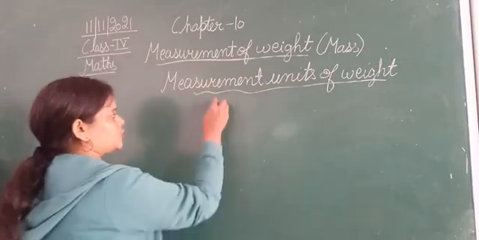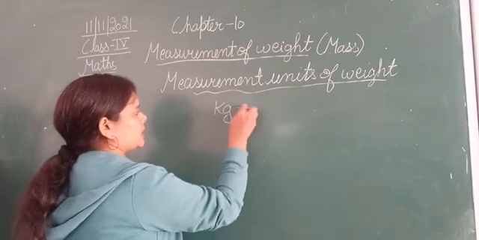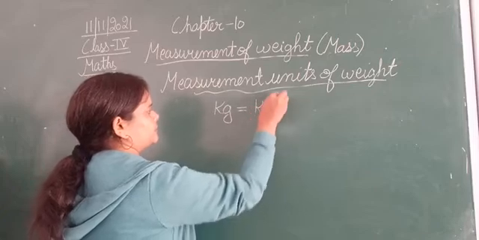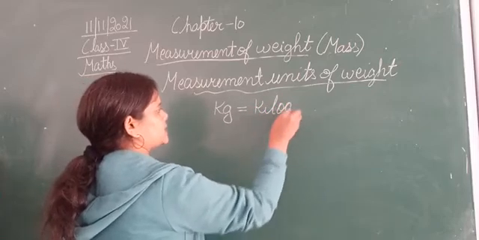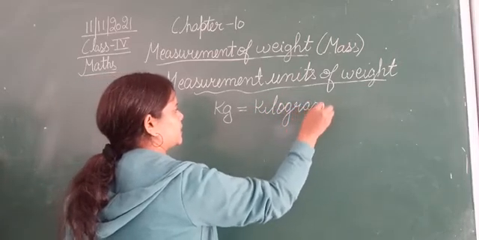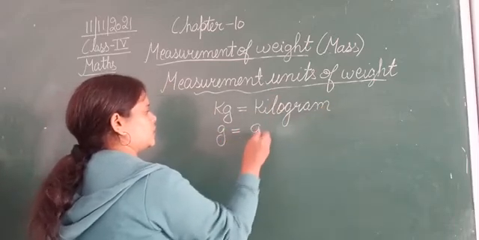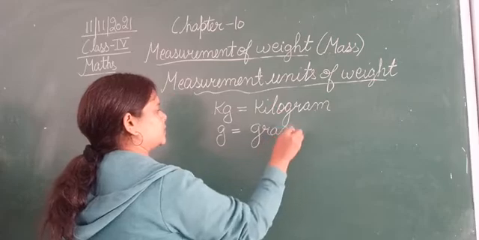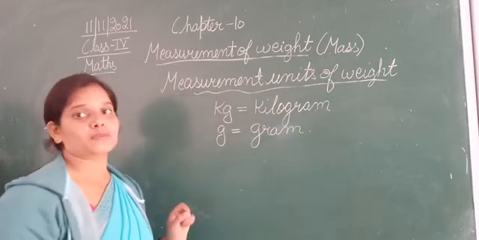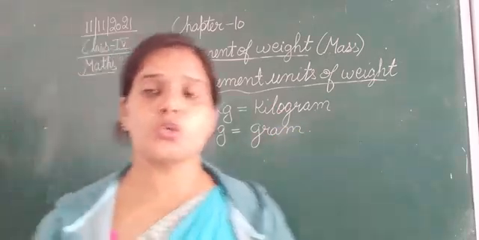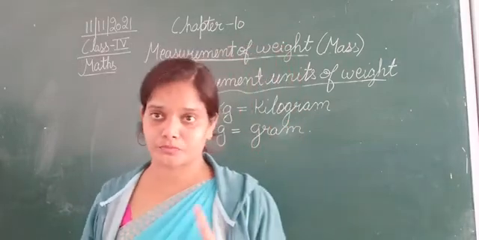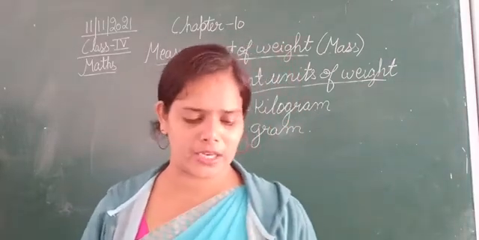That is kg, known as kilogram. Second is g, that stands for gram. So these are the basic two units for measuring the weight or the mass of anything.